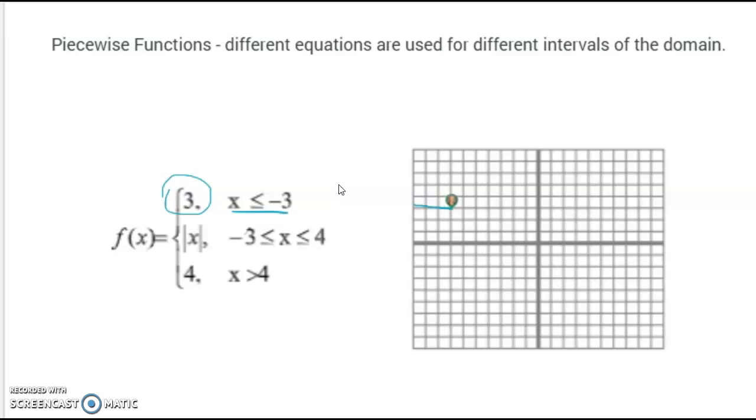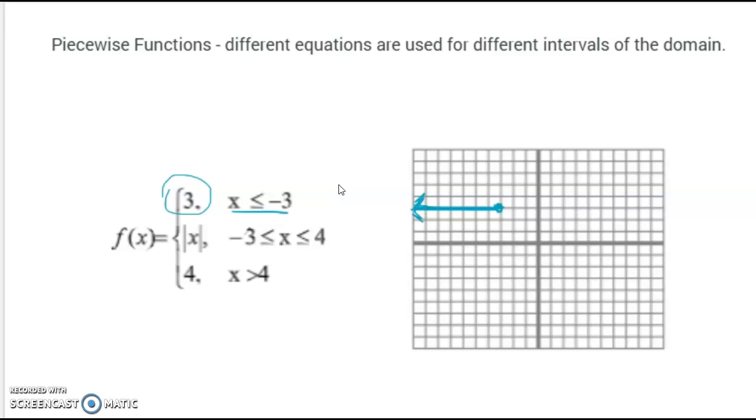So I have this line here that's y equals 3. I only need it for all of the x's that are less than or equal to negative 3. So where my x is negative 3, I'm going to go ahead and put a closed circle right there, so I'm very clearly using that. And then every x to the left of that follows that equation.